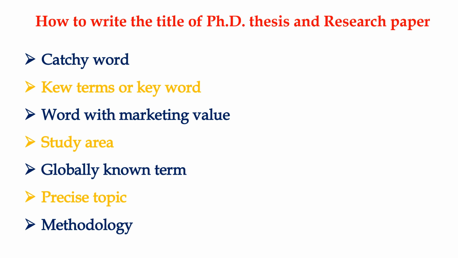In case of a PhD thesis, you may not use the methodology term in the title, but in case of a research paper, you need to use the methodological term in the title, like geospatial techniques, statistical techniques, and other methods or techniques. But in case of a PhD thesis, you need to be precise and general, and make a title in this way.